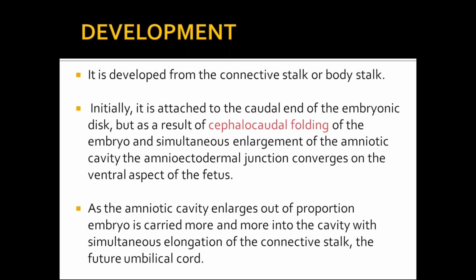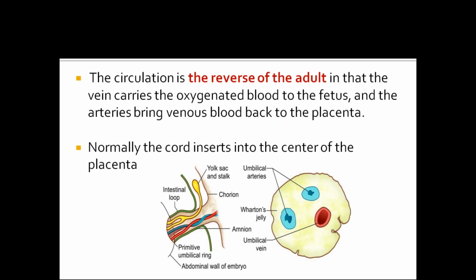As the amniotic cavity enlarges, the embryo is carried more and more into the cavity with simultaneous elongation of the connective stalk, the future umbilical cord. So the circulation is the reverse of the adult here, in that the vein carries the oxygenated blood to the fetus and arteries carry venous blood back to the placenta. This you have to remember.